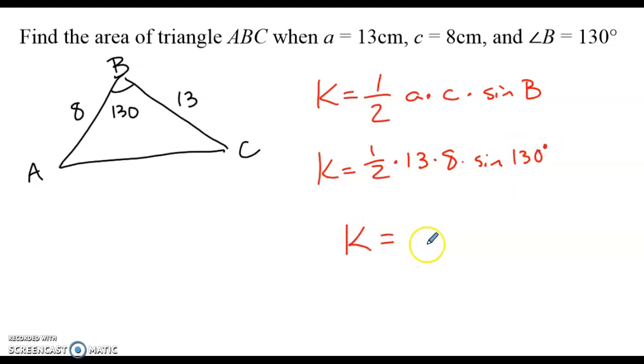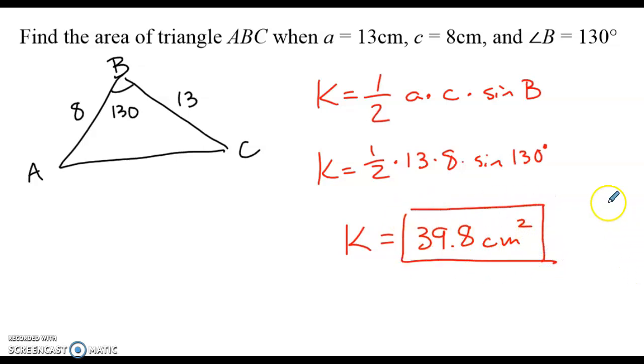You can just type that all into your calculator and get 39.8 centimeters squared, and there's our answer to the nearest tenth.